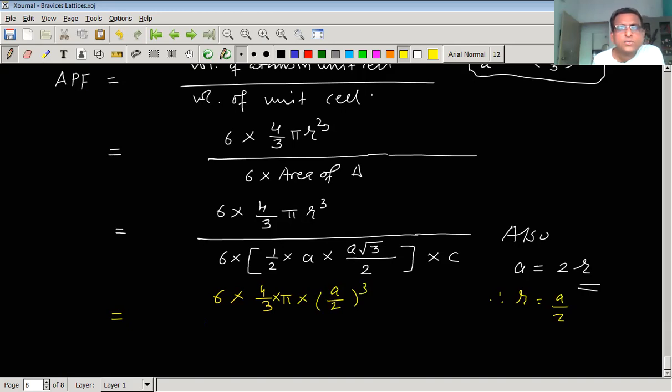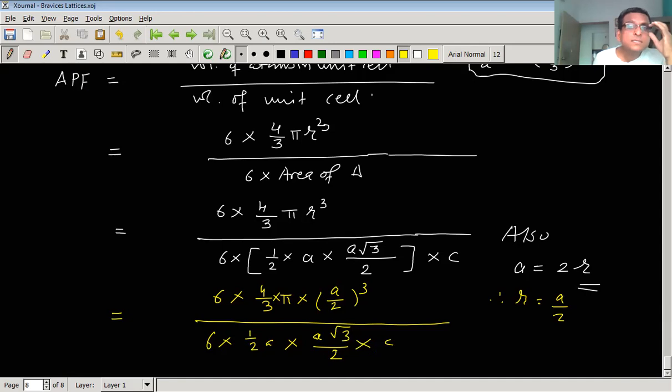A by 2 bracket cube divided by 6 into half A into A root 3 by 2 into C. Now what is C? C is the height of the unit cell.